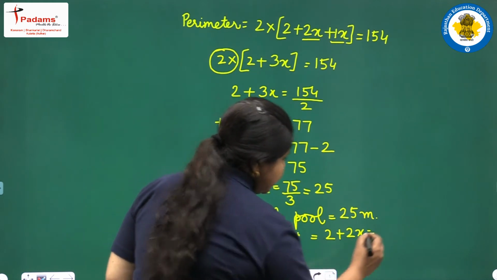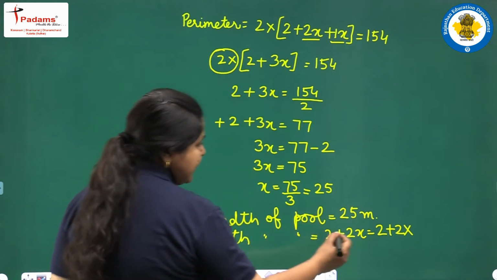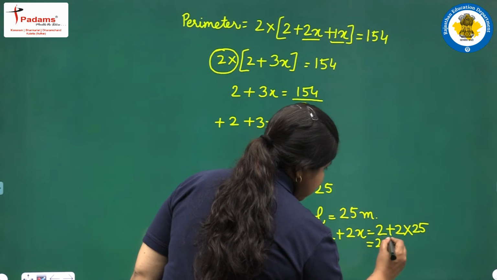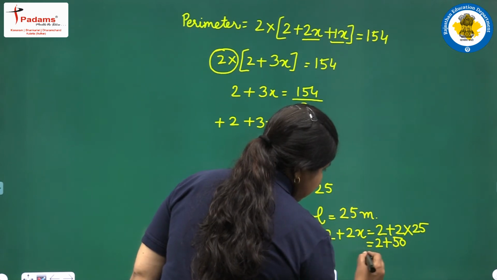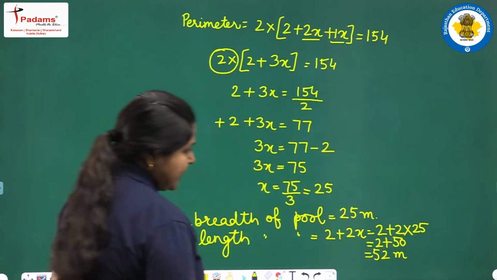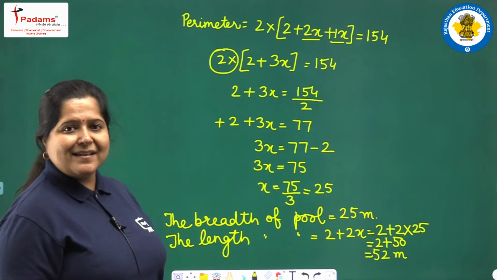This will give us 2 plus 2 into x, which is 25. This is 2 plus 50, equal to 52 meters. So, this is the length and this 25 meters is the breadth.